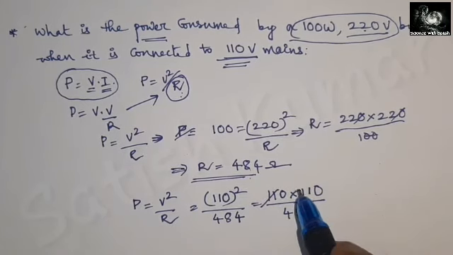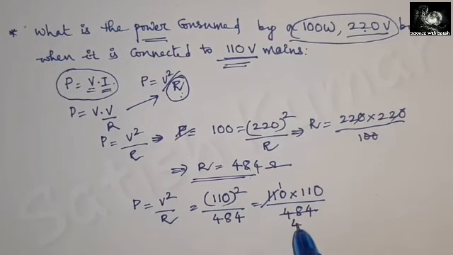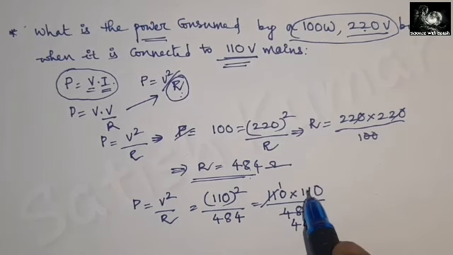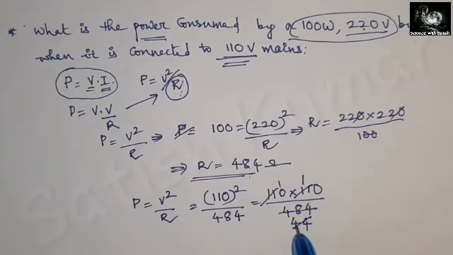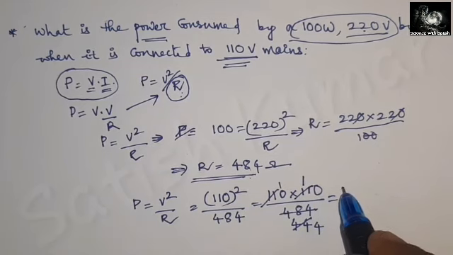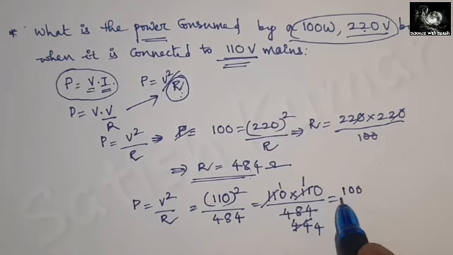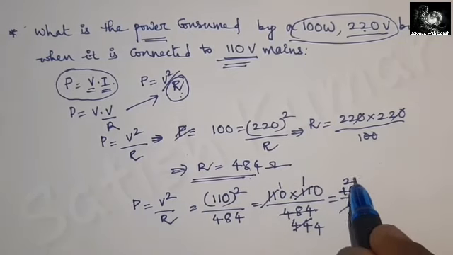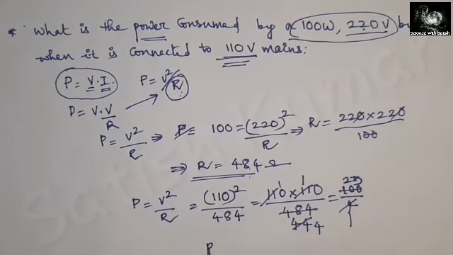So 11 ones are 11, 11 fours are 44. So again 44, it is equal to 100 by 4, 4 ones are 4, 4 twos are 8, 4 fives are 20. So power is equal to 25 watt.